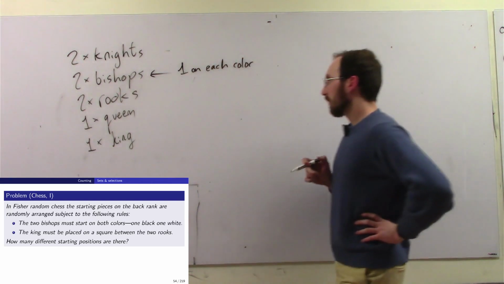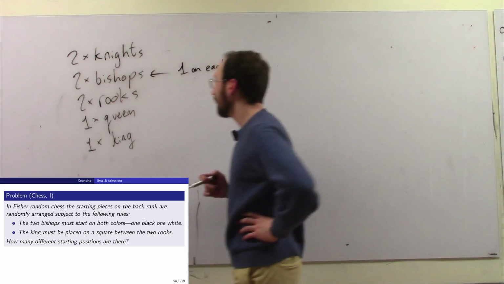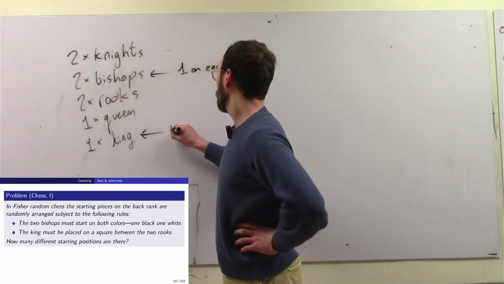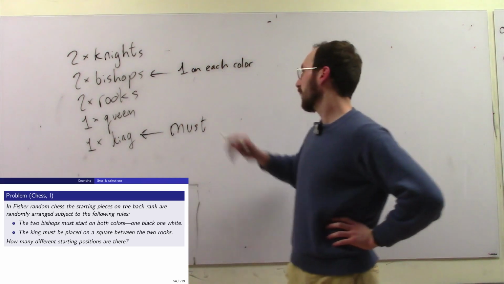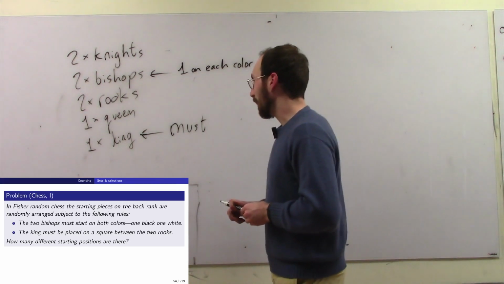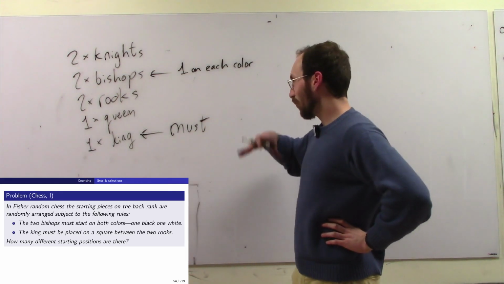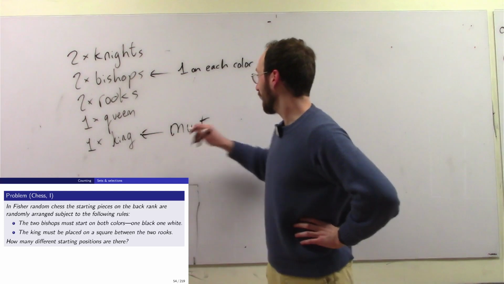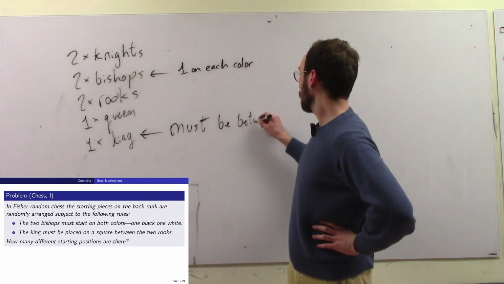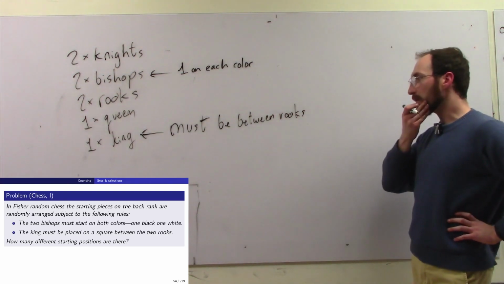And we have that the king must be placed between the rooks. This is so that you can still castle your king. If that makes sense to you, you got it.